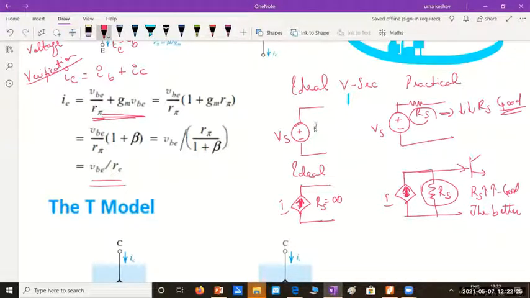And in an ideal voltage source, the resistance should be 0. So the smaller the value of Rs, the source resistance in a practical voltage source, the better it is for the circuit. There won't be any drop across this resistance, or a very small drop or loss of source voltage happens. The rest of the source voltage goes to the base of the transistor amplifier.